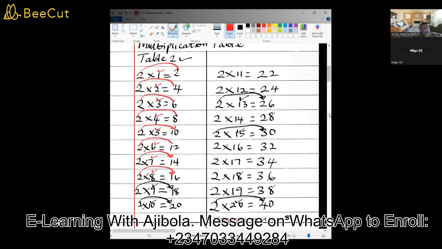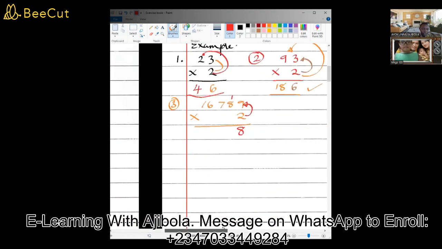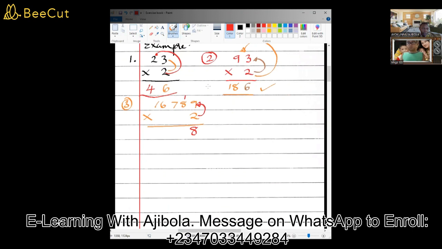I said 2 times 9 is 18, but I didn't write the 18, because the 18 is under tens and units. So I write the unit under the unit, and I kept the 1 under the tens. Is that clear?